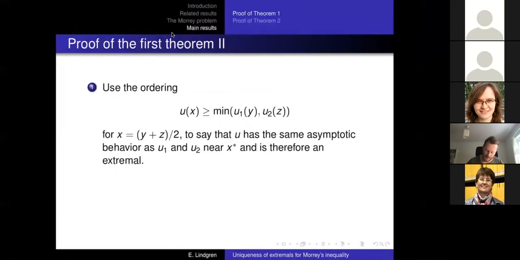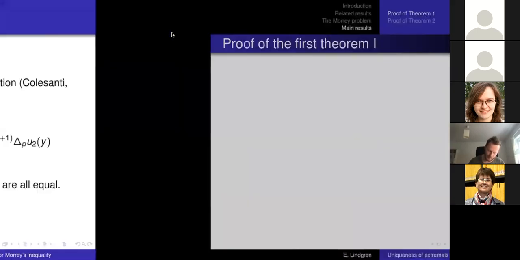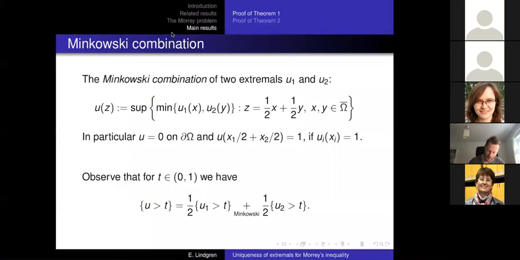So the main idea is basically to use the definition of this Minkowski combination. If you go back to the definition of U, which was this Minkowski combination, it's the supremum of this minimum, where Z is just the midpoint.